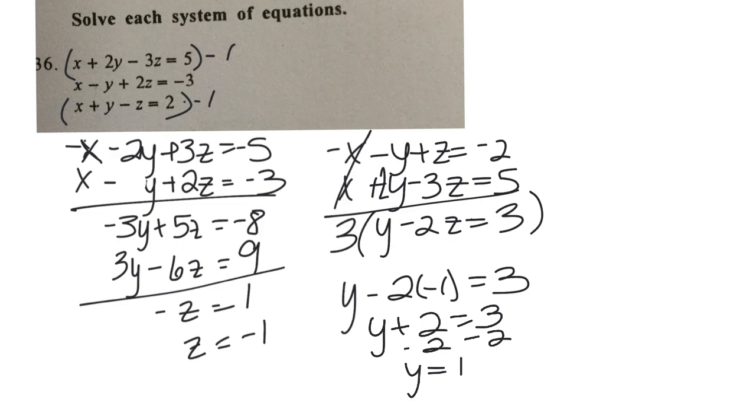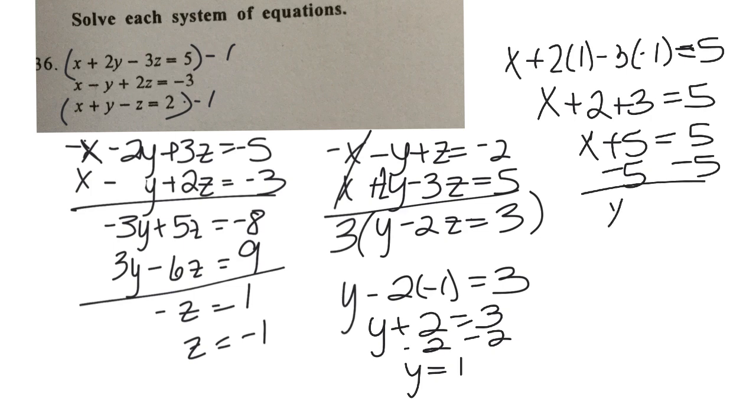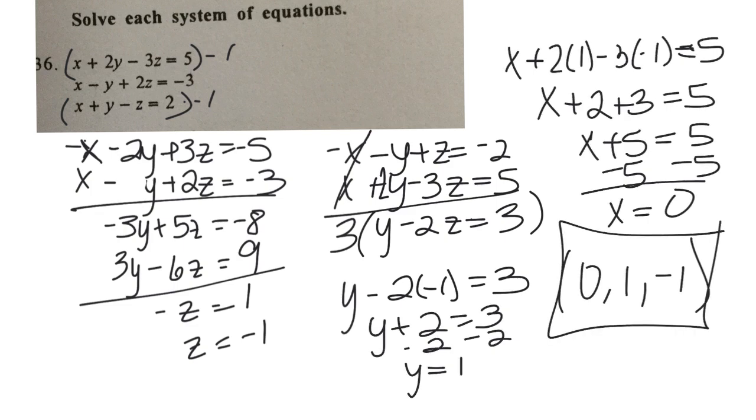And then we'll come back and plug it into equation 1. x, what we're solving for, plus 2y, that's 2 times 1, minus 3 times z, which is negative 1, equals 5. And we get x plus 2 plus 3 equals 5. x plus 5 equals 5. And x equals 0. So my ordered triple is 0, 1, negative 1. And that's my answer.